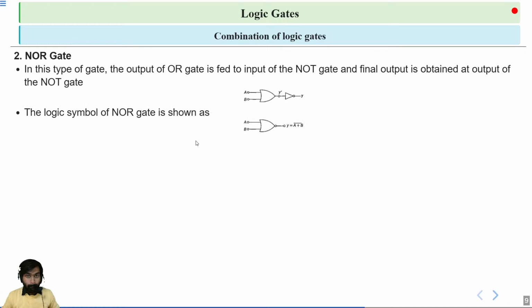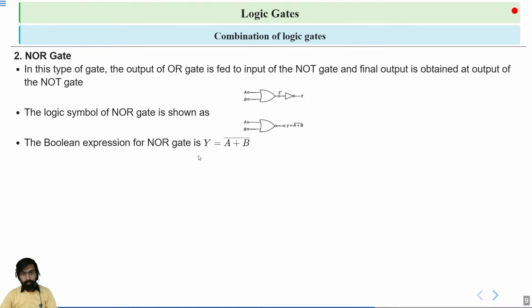The logic expression of the NOR gate is Y equal to (A plus B) complement, and the Boolean expression is this one, Y equal to (A plus B) complement.